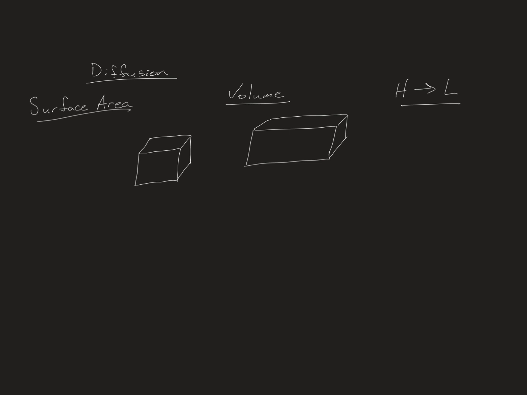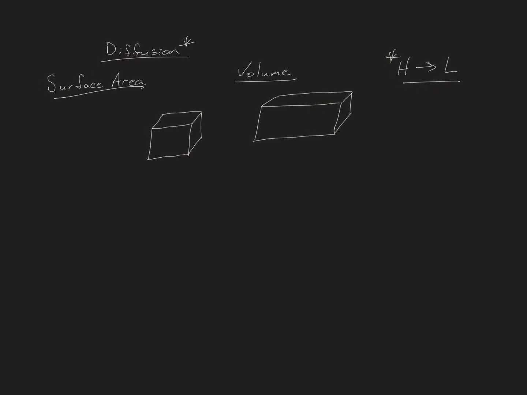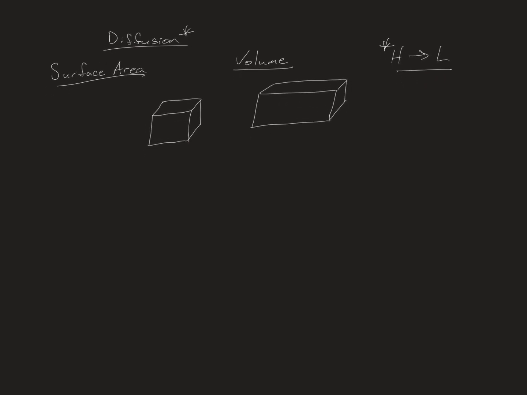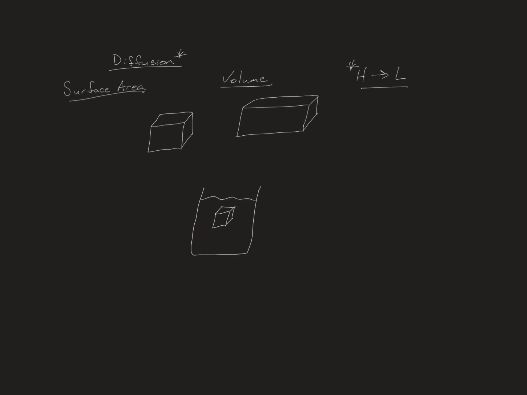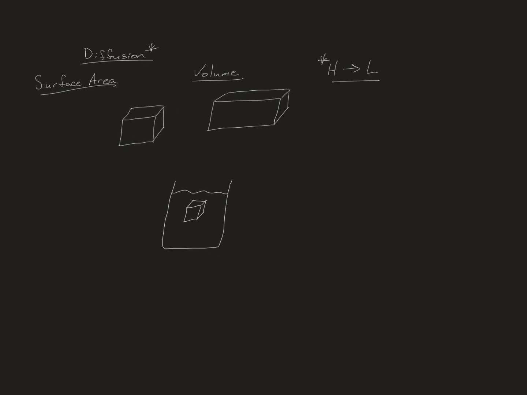In other words, they're going to allow diffusion to occur. You're going to put these cubes in a beaker and you're going to see diffusion occur, and you're going to calculate the rate of diffusion. You're going to try to figure out what is or is not going on.